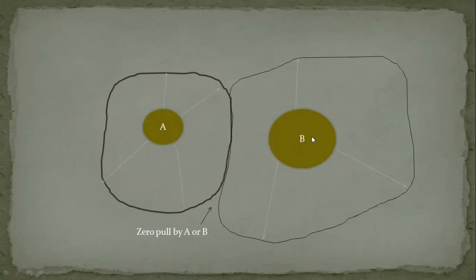Similarly for B, because its mass is more, it can easily attract people from a far off region. It can easily attract people from here till here. So based upon the distance it can attract, this boundary has been drawn.